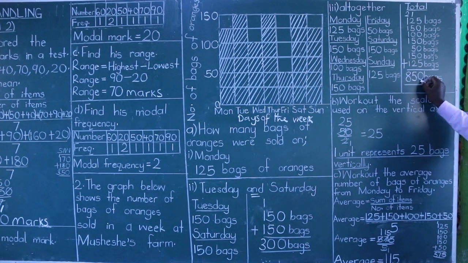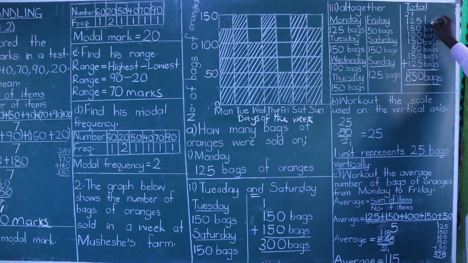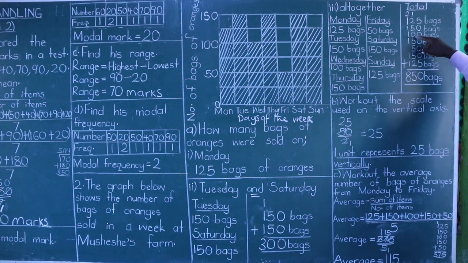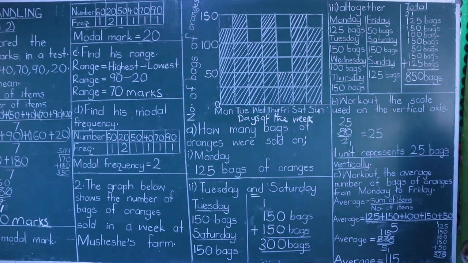Write 0, regroup 1. So go to 1 plus 2 is a 3. 3 plus 5. You get an 8 plus 0 is an 8 again. Now that 8 plus 5, you will get 13. 13 plus 5, you will get an 18. An 18 plus 5, you will get 23. 23 plus 2, you get 25.